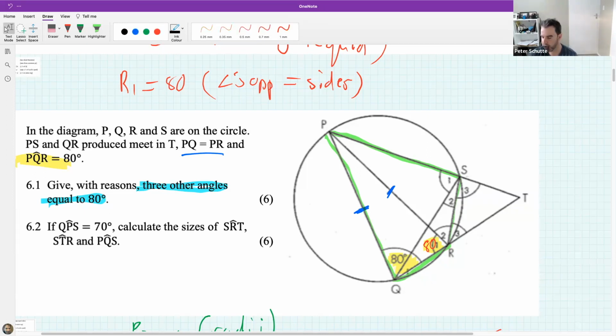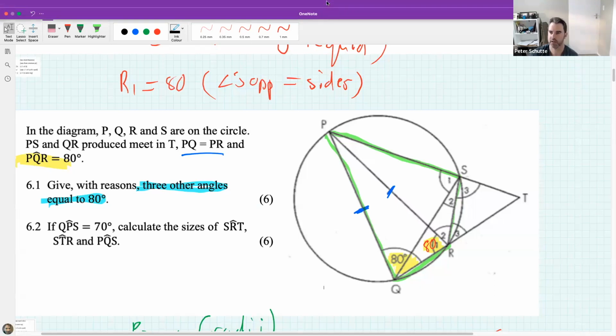So take a moment to look at that cyclic quad and see if that helps you figure out other angles equal to 80. And then give me your reasons in the chat.